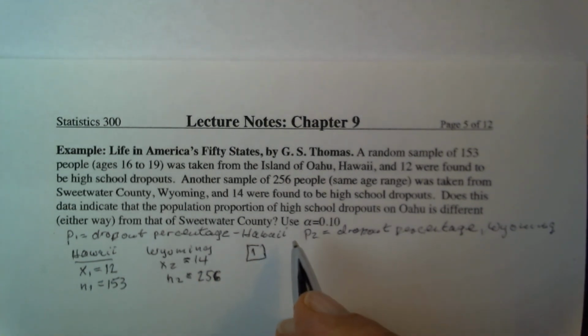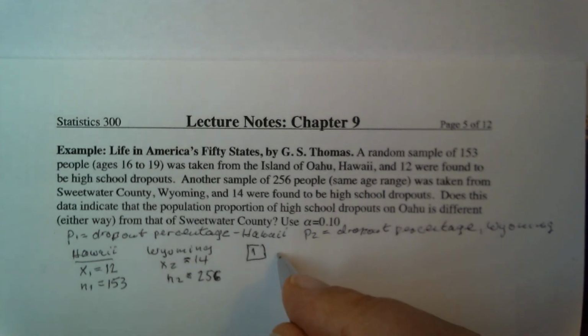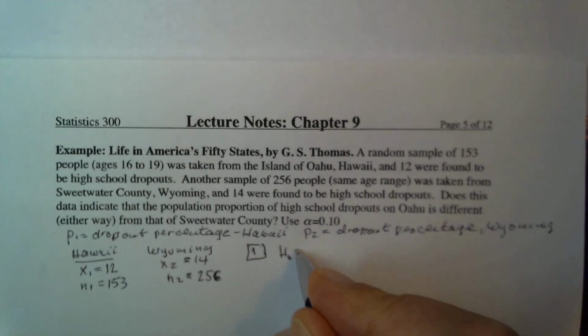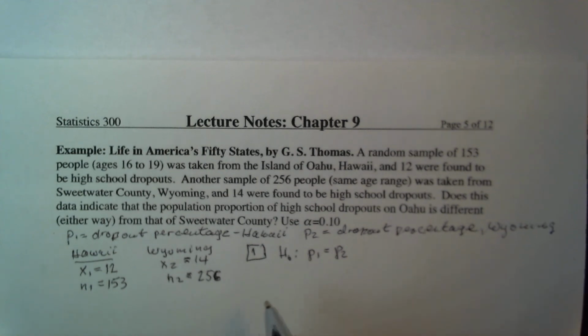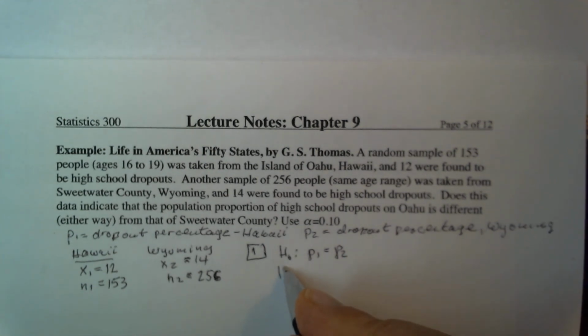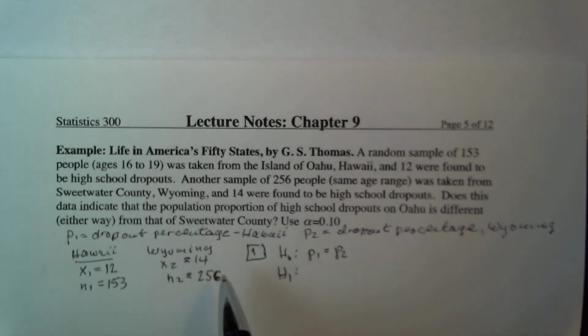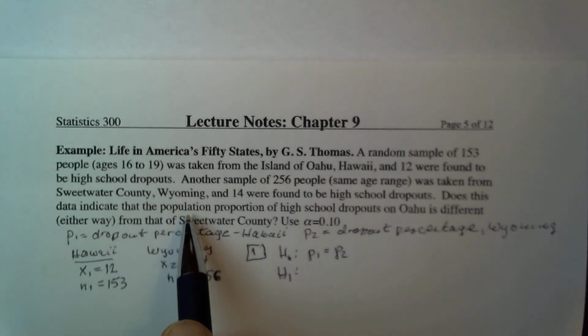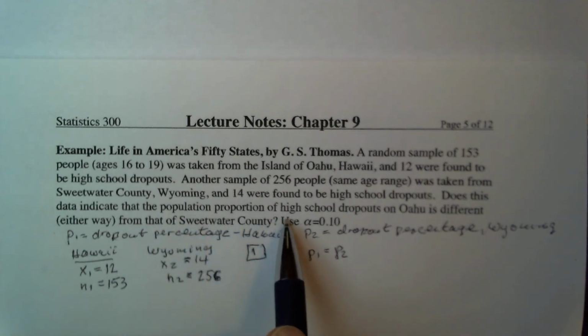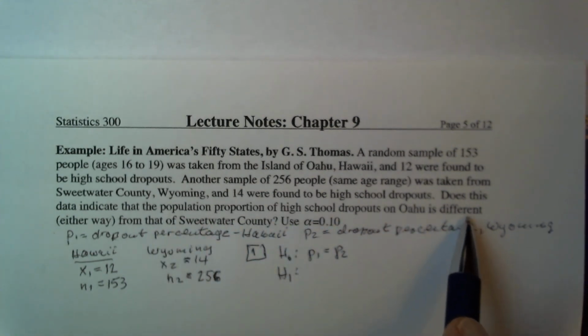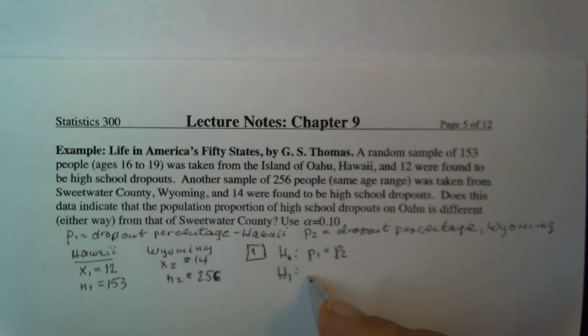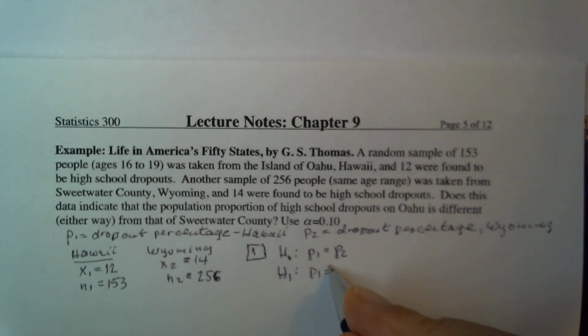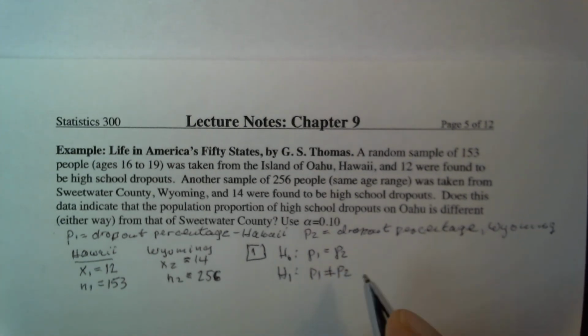Writing our null and alternative hypothesis, our null hypothesis is P1 equals P2. And the alternative hypothesis, notice the wording of the question: is the proportion different either way? So that means P1 is not equal to P2. So we have a two-tailed distribution.